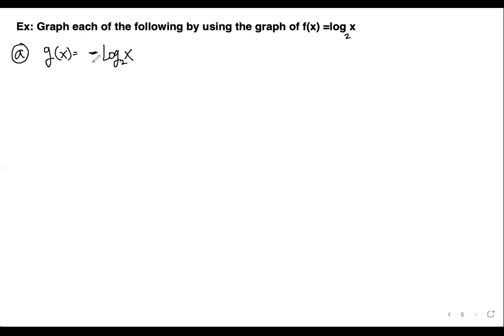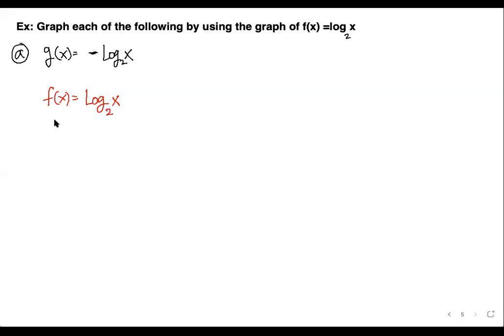How can I graph this function? As I learned before, I have to write the original function f of x equal log x to the base 2. I have to modify this function to make it similar to g of x. What should I do?